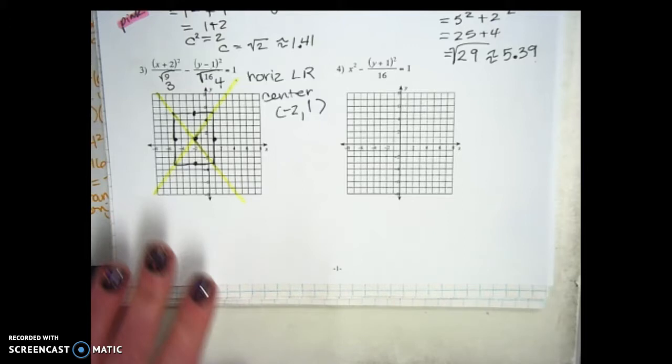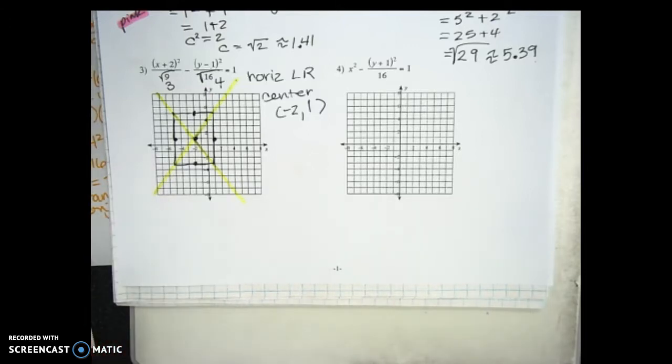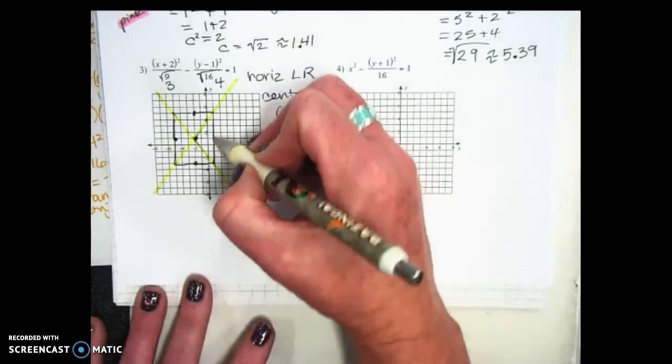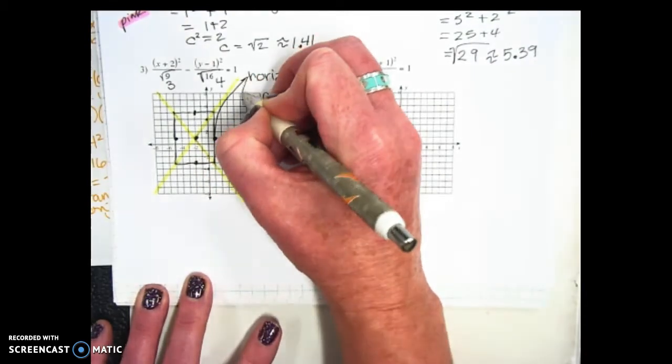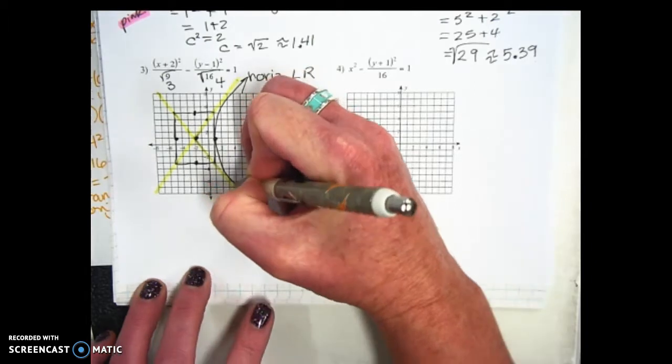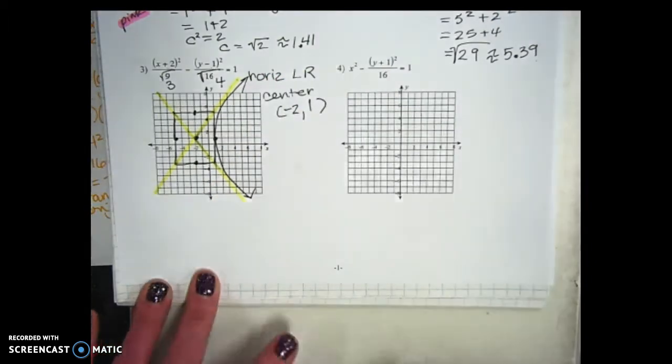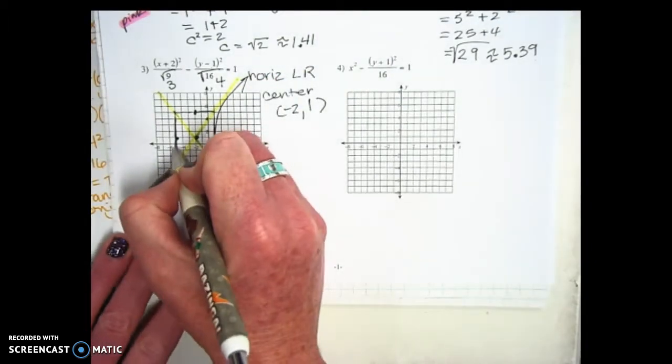Okay, so the asymptotes are going to be your guide to draw in your hyperbola. So start at the right vertex and get super, super close to the asymptote. And draw on your right hyperbola and then your left one.